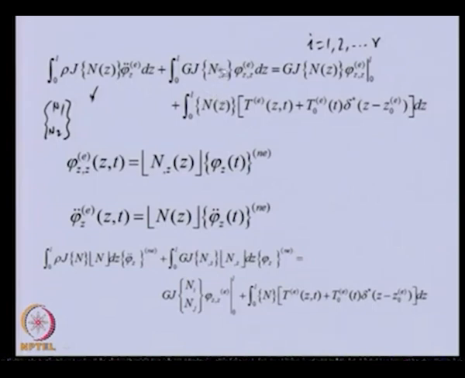Similarly, here because there was a derivative with respect to z, I am writing this expression as N1 comma z and N2 comma z. Comma z represents that we need to differentiate both shape functions with respect to z once.